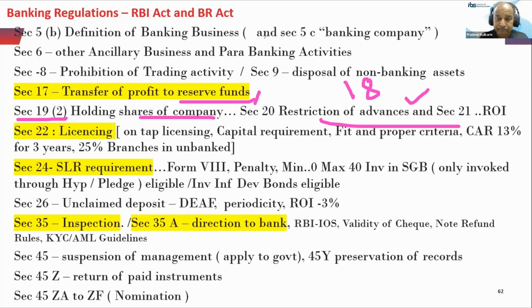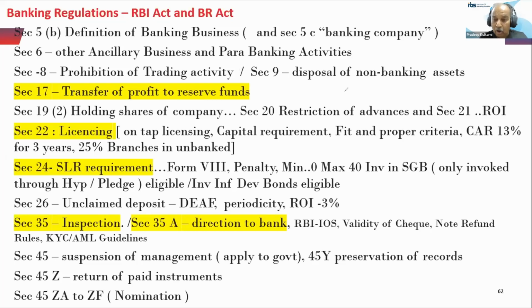For example, no loan against the bank's own shares, no loan against partly paid shares, no loan against bullion or raw gold, no loan to the directors of the bank beyond a particular limit. All these are part of Section 21, restricted advances.